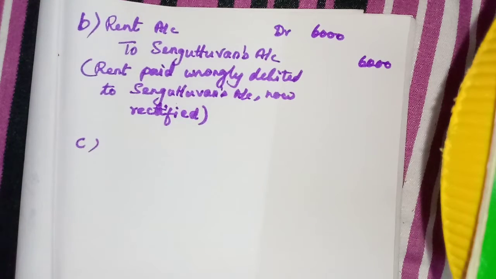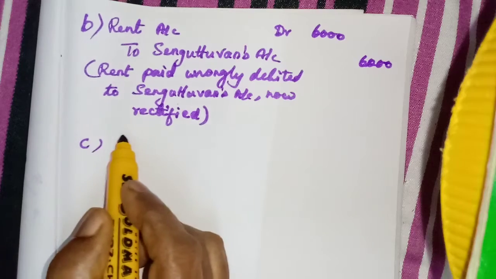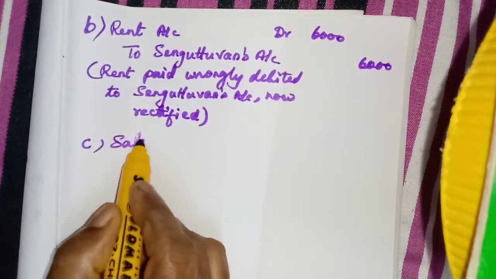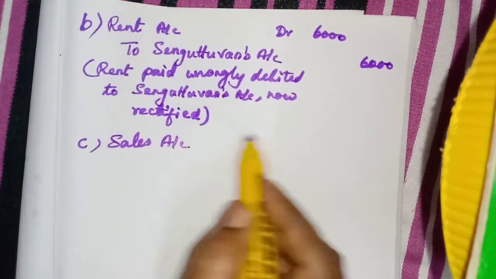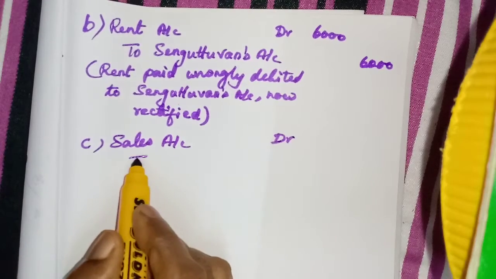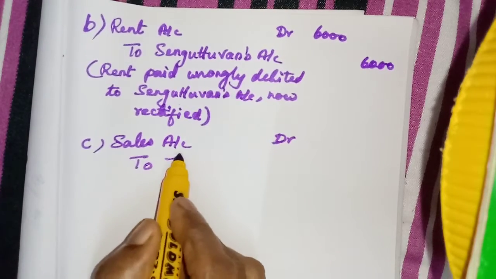Okay, then cash account debtor to sales, furniture sold for cash. Furniture if sold, we have to credit furniture but not sales. So now we need to debit the sales. Wrong credit given to sales, we have to debit. What should be credited? Furniture.